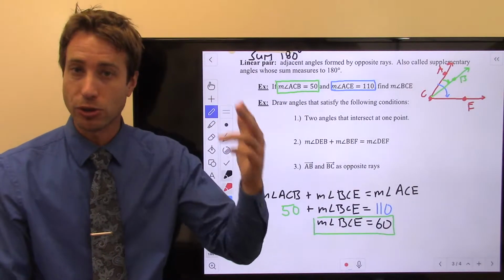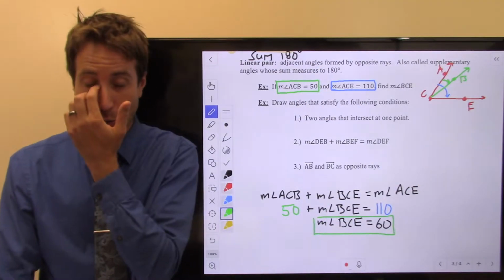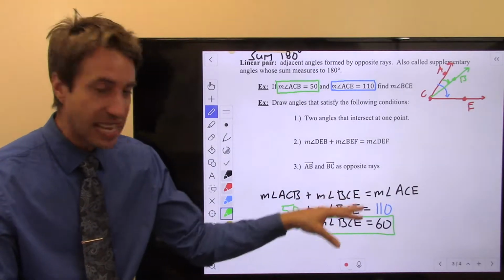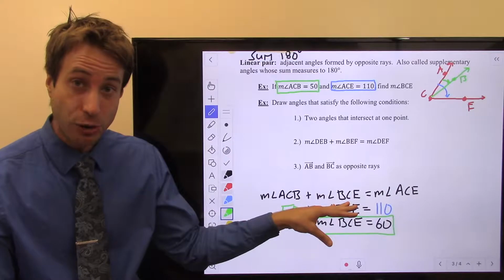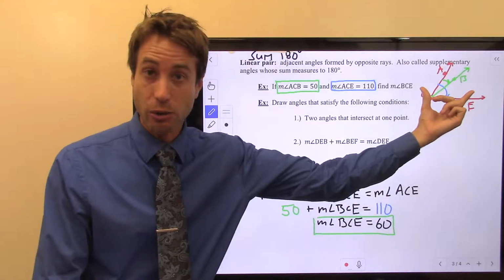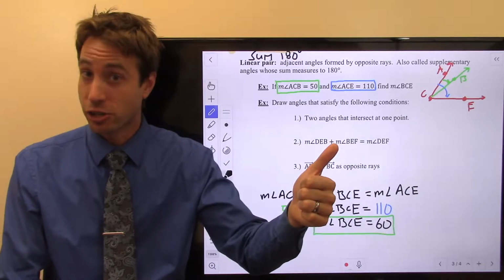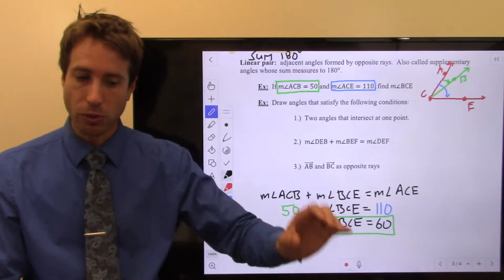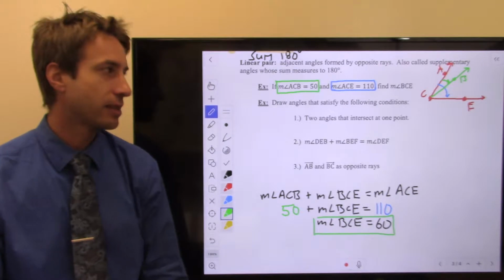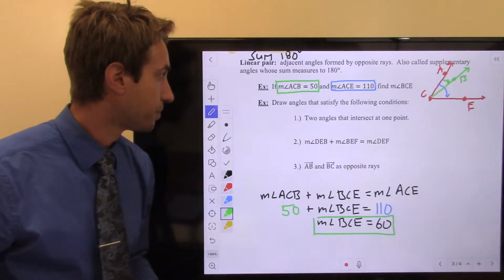See how geometry is taking us one step beyond what we got in algebra? This is the algebra, but to get to it, you needed to know something about geometry. That's just the way geometry is going to work.